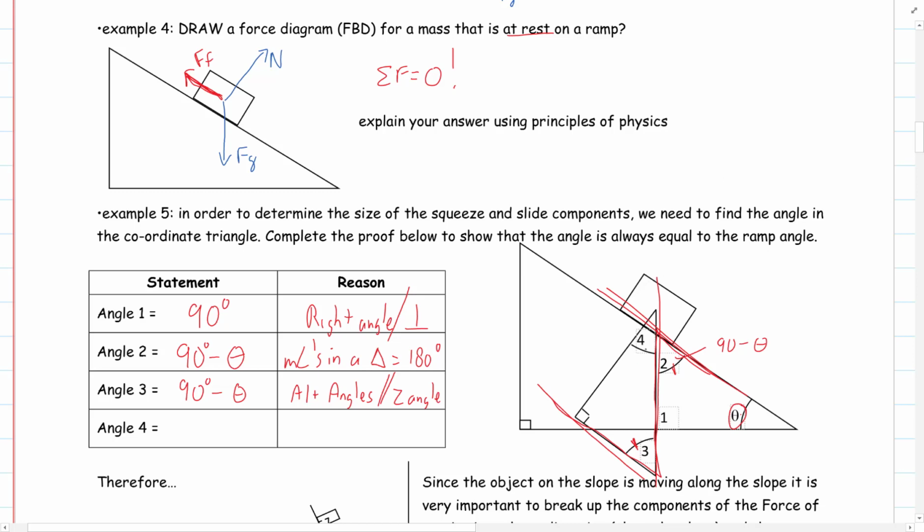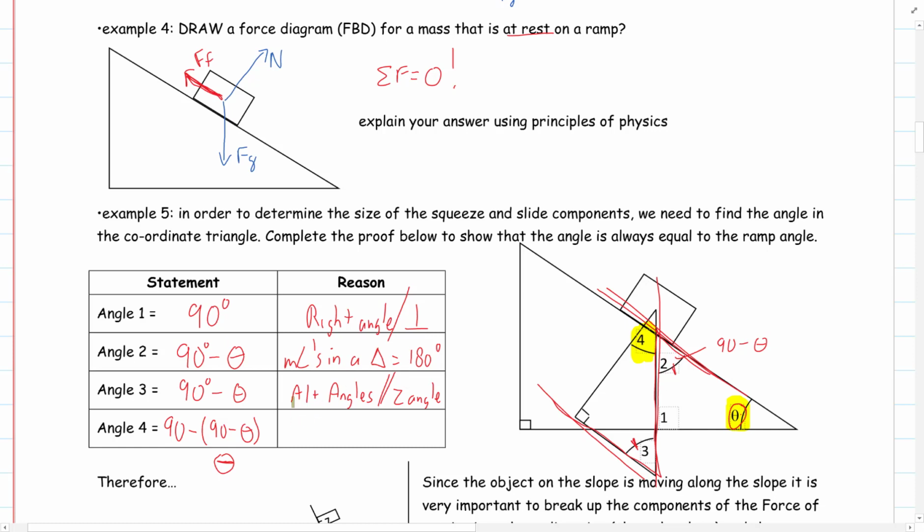And then angle 4 has to be 90 minus 3. So this has to be 90 minus theta. Well, 90 minus theta is just going to be theta. So angle 4 is equal to theta.